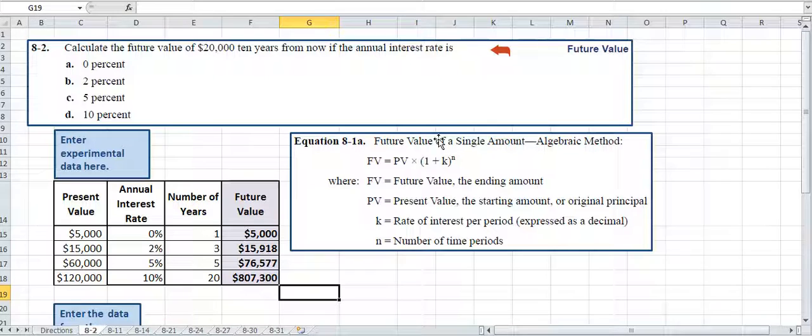It's right here, and we're going to use the algebraic method, where future value equals present value times 1 plus the interest rate raised to the power of the number of years. So when we're talking about interest that's compounded annually, then this n value right here is going to be the number of years, the power that we raise our 1 plus k to.